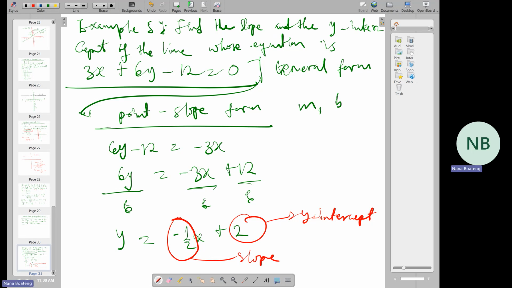All right, so let's look at another example. So this would be example 6. And this will be about graphing using intercepts.